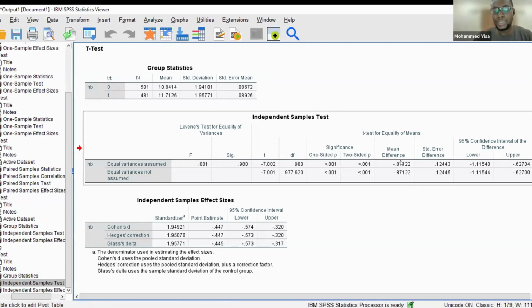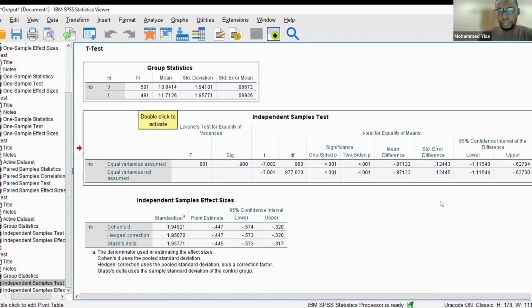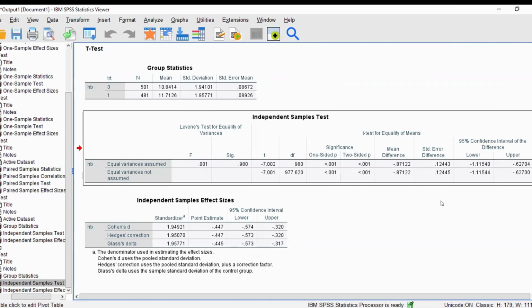So we are just saying that group 1 is greater than group 0 by this value, and 95% of the group 1 subjects have values between 0.6 and 1.1 greater than group 0. I don't know if that makes sense. Yes, it does. Fine. Okay. All right.